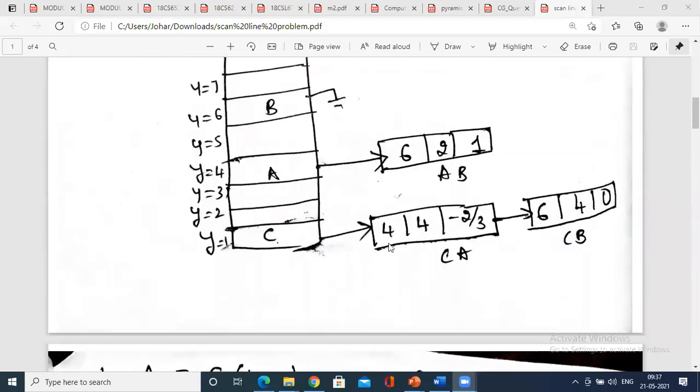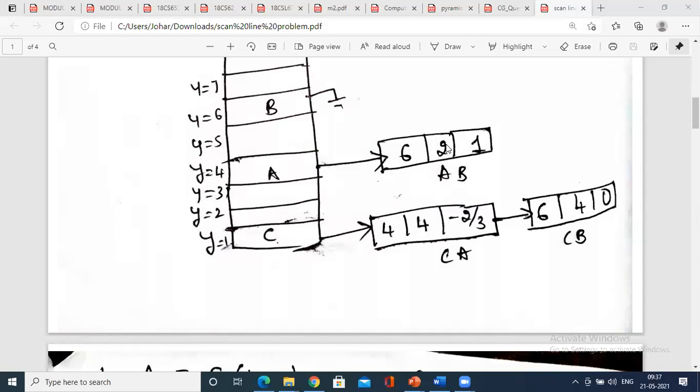Hopefully understood, followed. Shall I continue? So we have seen the global edge table.